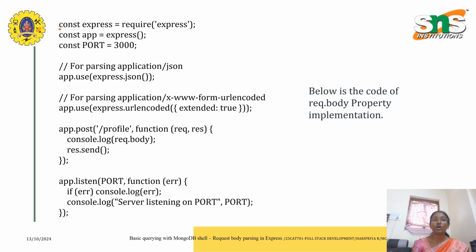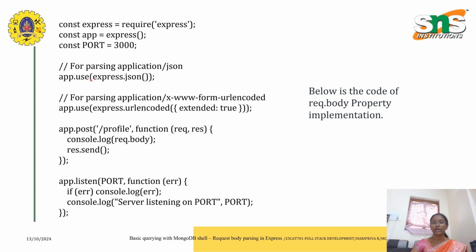Here I'll write const express equals require, in single quotes, express. Then const app equals express. The port name is already given and these things will be automatically generated in Visual Studio.